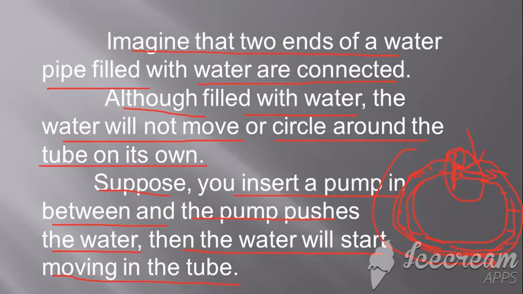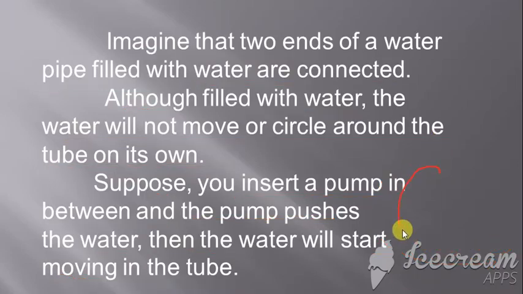So if anything is stable and does not produce any movement, and you give it an external force, the particle moves. Without the external force, any particle will not move.